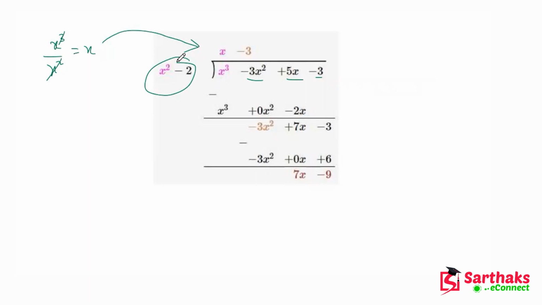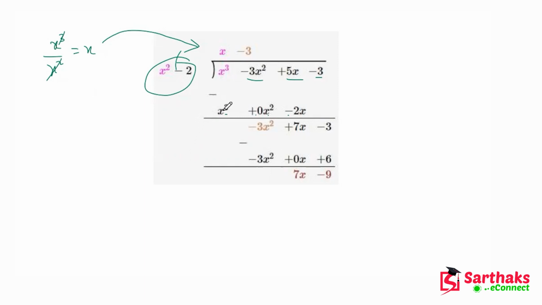Now x is multiplied by the whole divisor, we get x cube minus 2x. Here there is no x square term, so it is 0 x square. We have to write it order-wise.